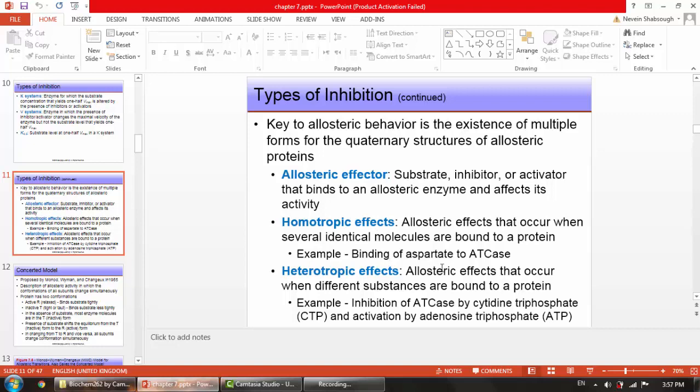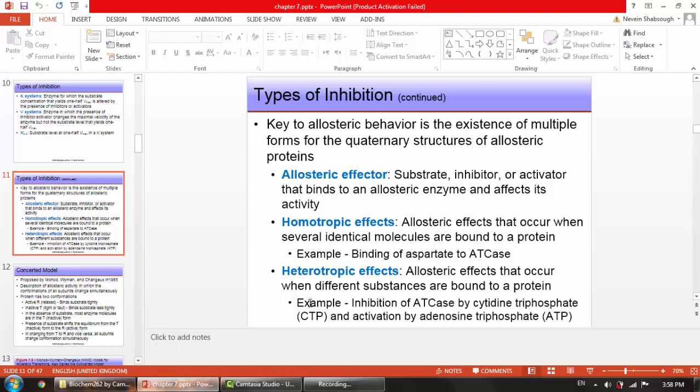The same applies for ATCase when the substrate aspartate binds to it. So these 2 are examples of homotropic allosteric effects. Whereas heterotropic allosteric effects occur when different substances are bound to a protein. Remember, in ATCase, the substrate is aspartate, an amino acid.